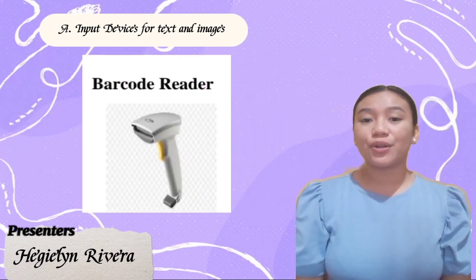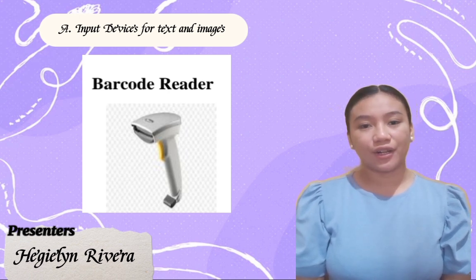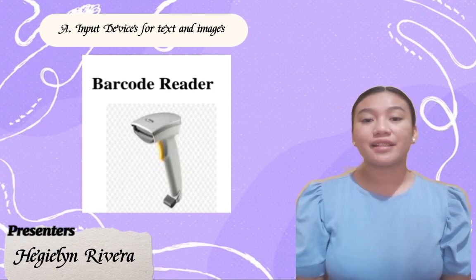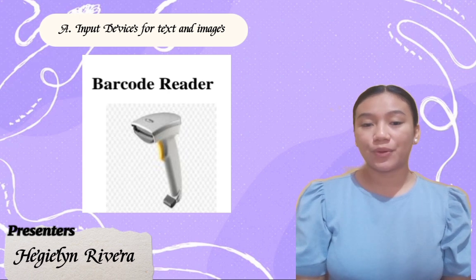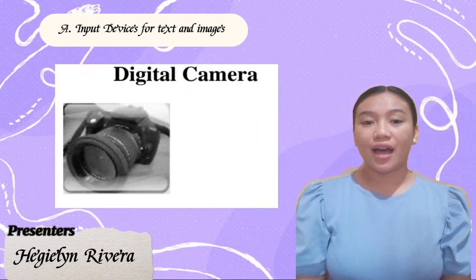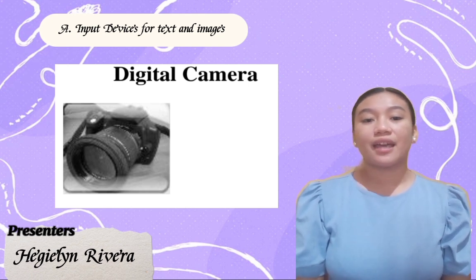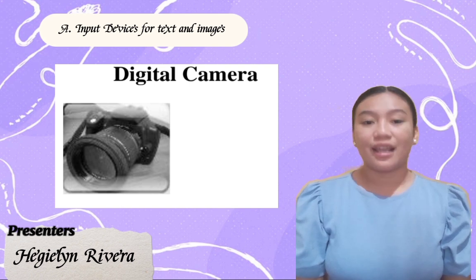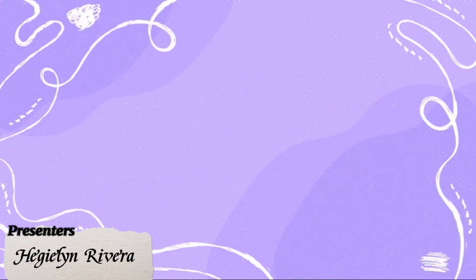It is also known as a barcode scanner or point of sale scanner, an input device capable of reading barcodes. And another example is the digital camera, a device that takes photographs and stores the image as data on a memory card. These are the examples of input devices for text and images.